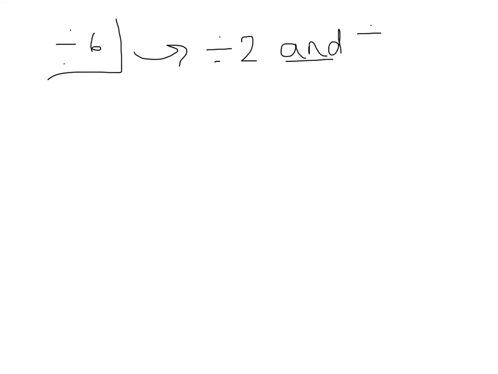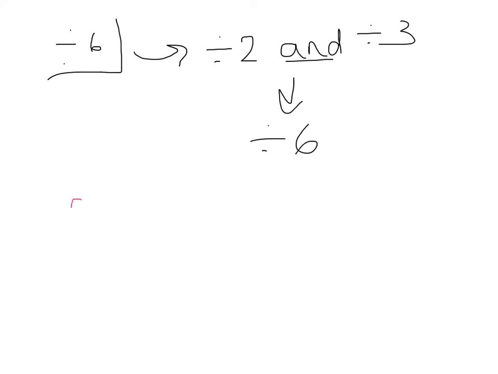To go a little bit further, there is also a rule for divisibility by 6. If a number is divisible by 2 and divisible by 3, we say that it's divisible by 6 as well.